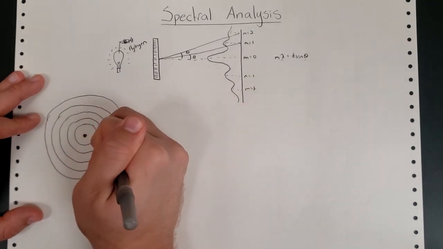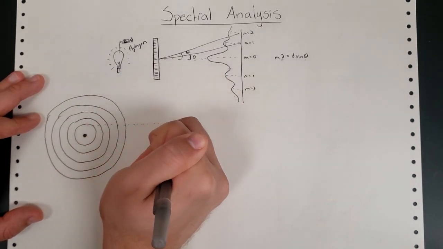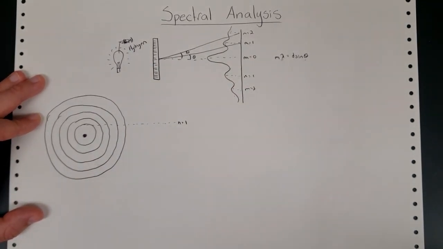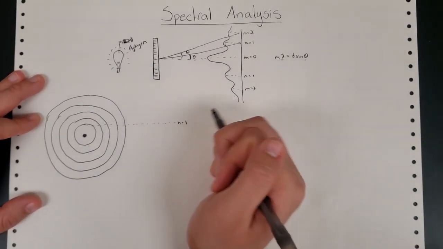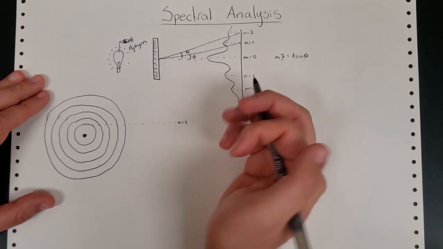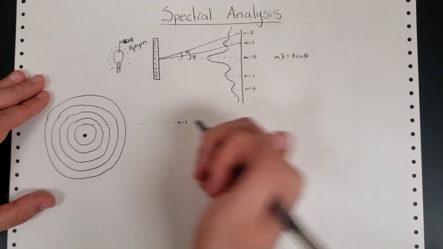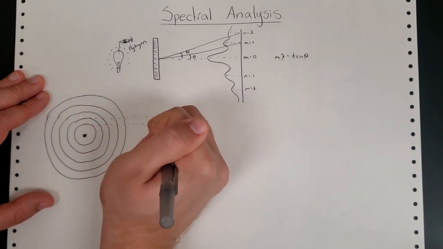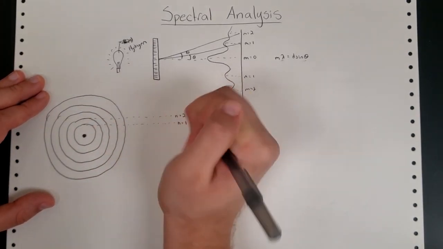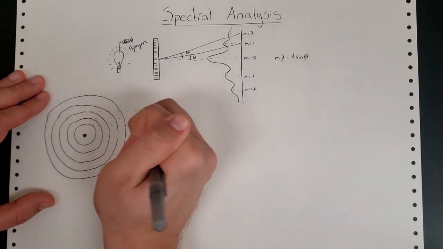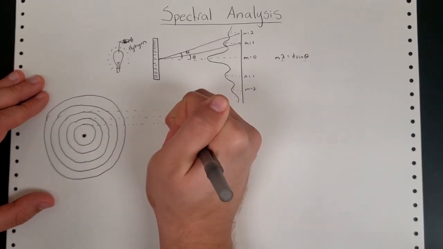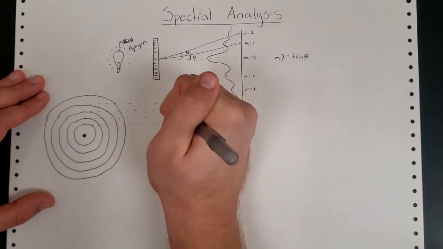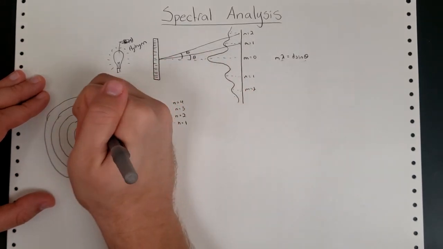This closest one will have a quantum number equal to 1, the first orbital. And then the second orbital will have an n equal to 2. This third orbital will have an n equal to 3, and so on. So this will be 4, and then this will be 5.